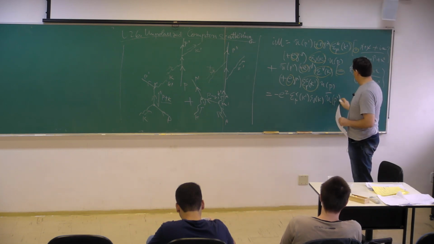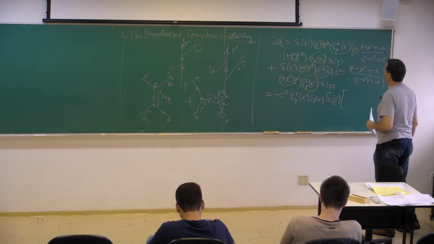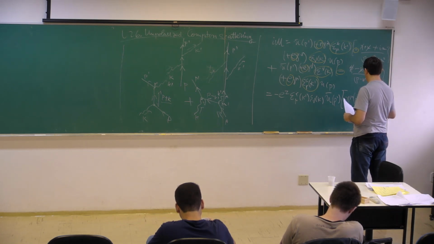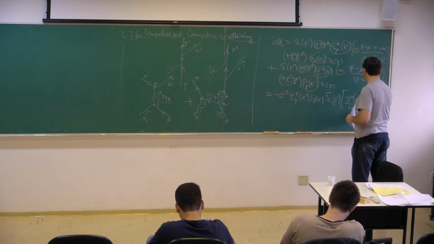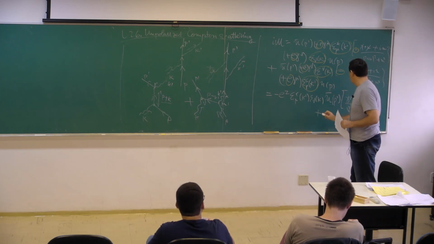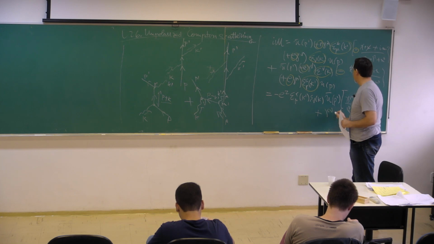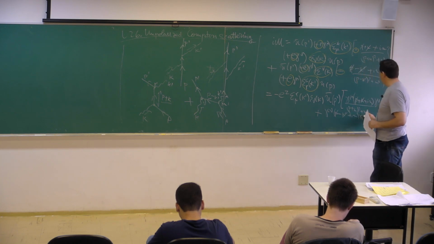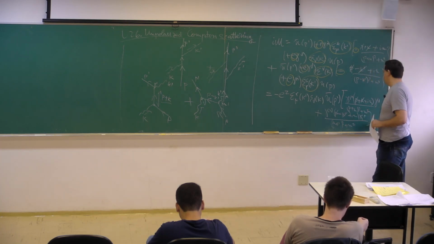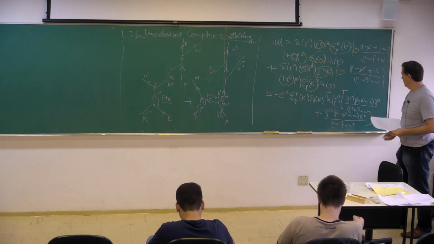So then here we have gamma mu, p slash plus k slash plus im, gamma mu, over p plus k squared plus m squared, and in the second term plus gamma mu, p slash minus k prime slash plus im, gamma mu, over p minus k prime squared plus m squared, and then u of p. All right.